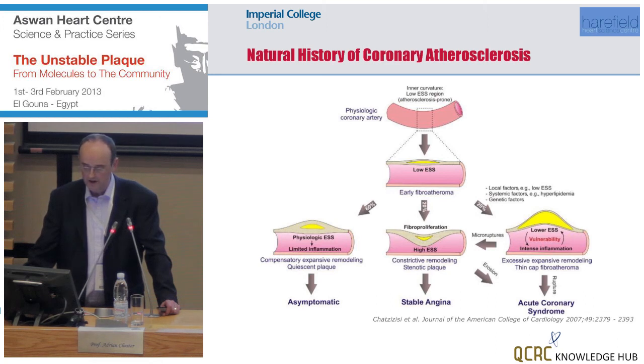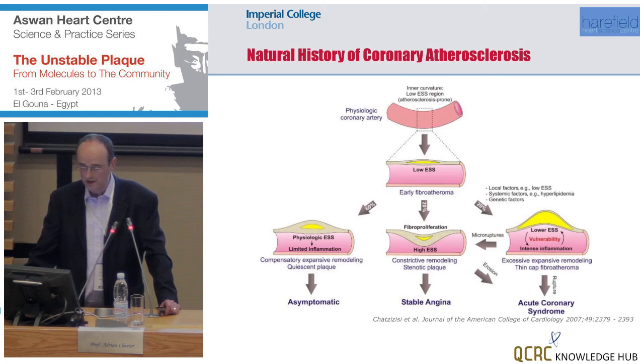Sometimes the fibroproliferation was into the lumen, where you then would have a region of high shear stress across this area due to a constrictive remodeling of a stenotic plaque, and this patient would essentially remain stable.